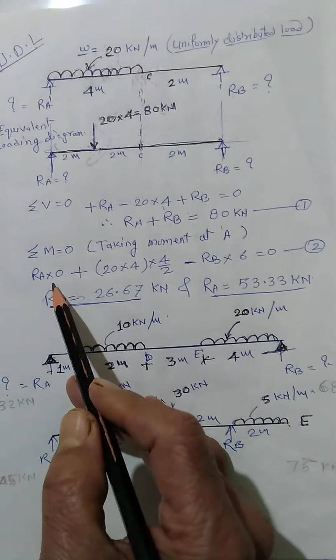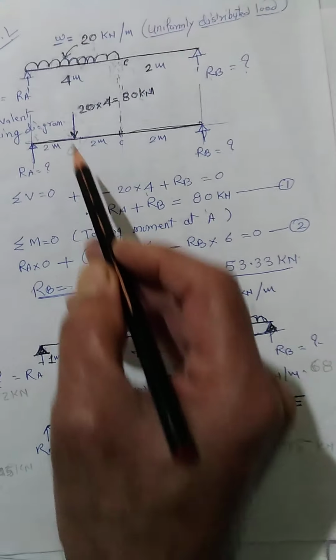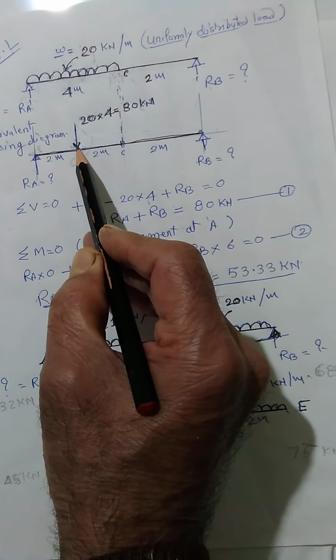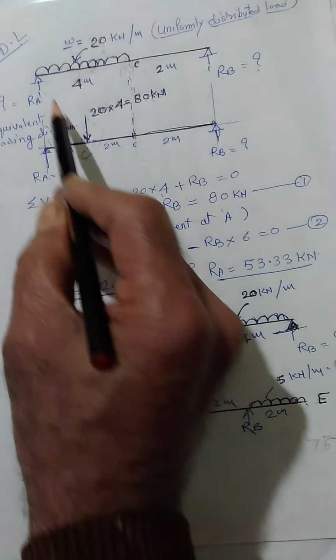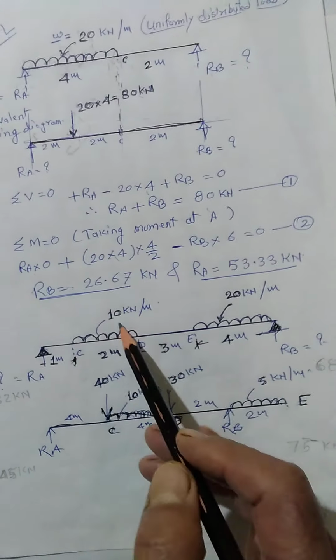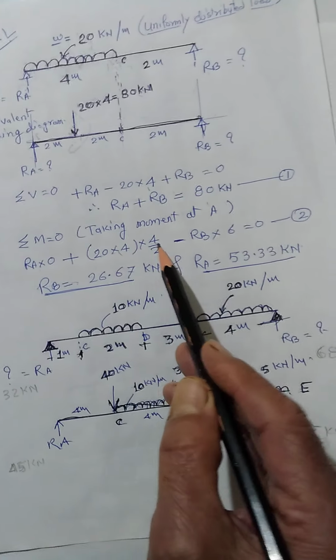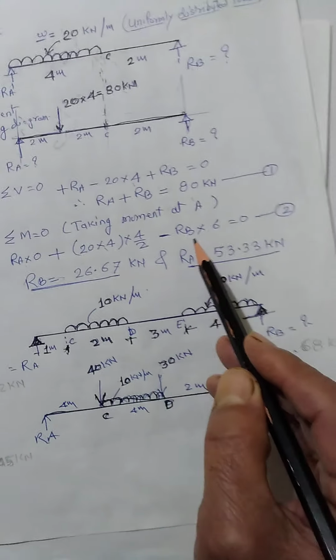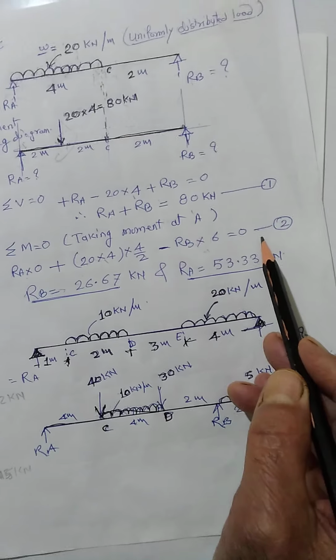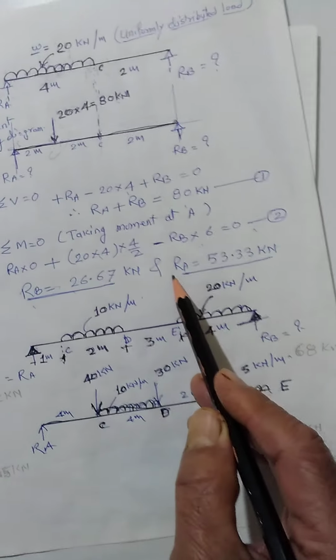Now you can see Ra into 0 plus 20 into 4, which is the total point load acting at its CG of this whole length, that is 4 by 2, minus Rb into 6 is equal to 0. From this we can find out the value of Rb and Ra.